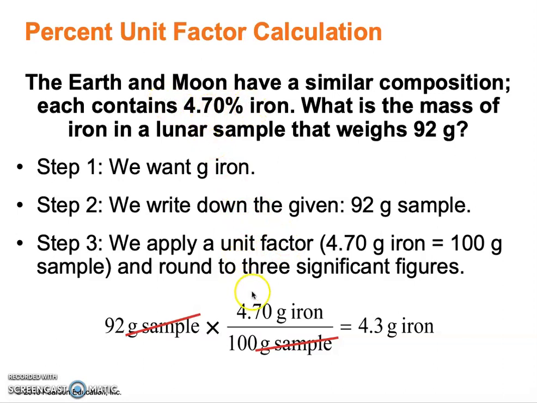So you write down 4.70 grams of iron over 100 grams of sample. This is what the percent means, right? You see grams of sample cancel out. You put the numbers into a calculator. It gives you 4.3 grams of iron. That means that there are 4.3 grams of iron in the 92 grams of sample given in this question.